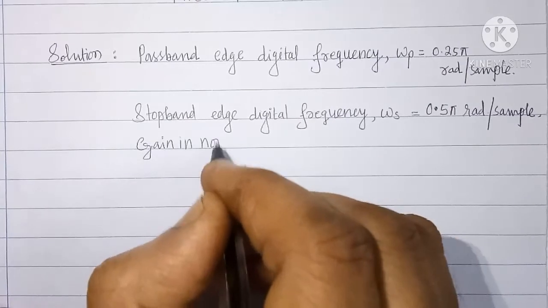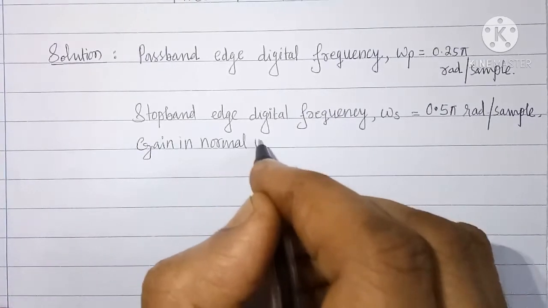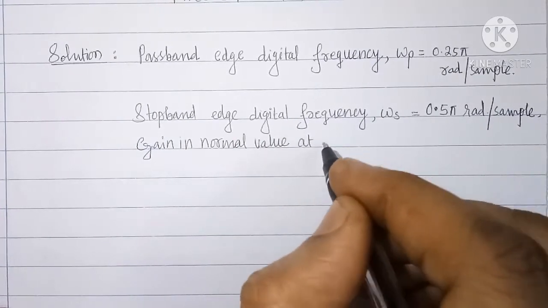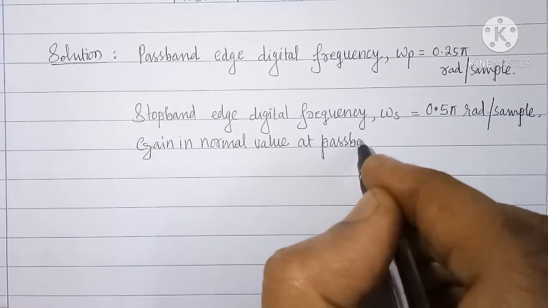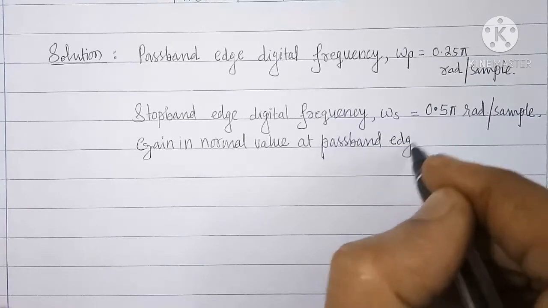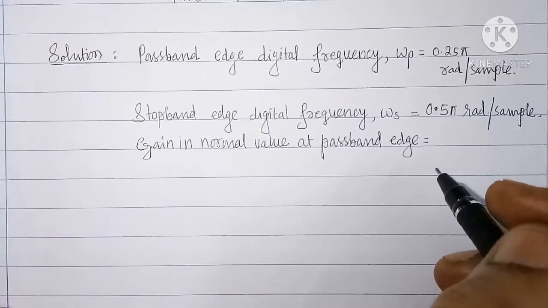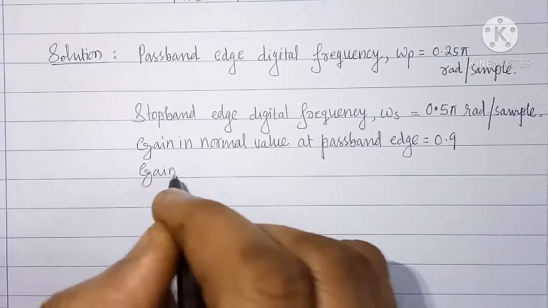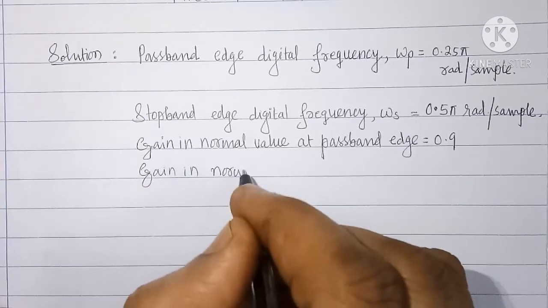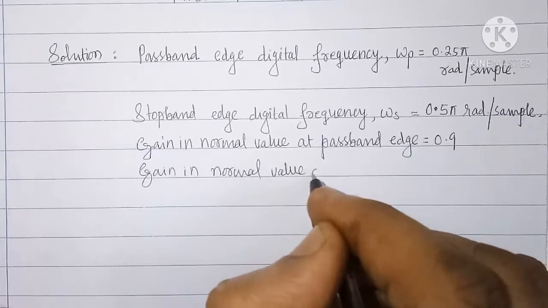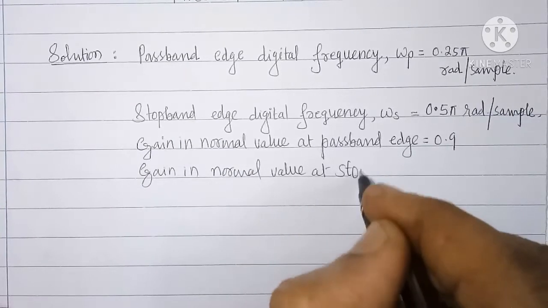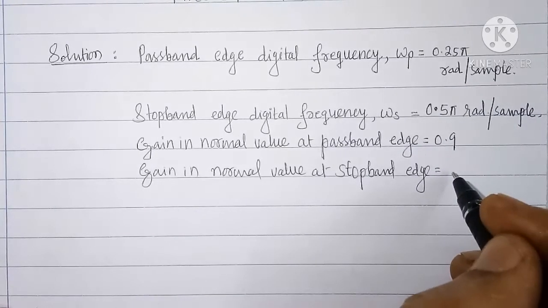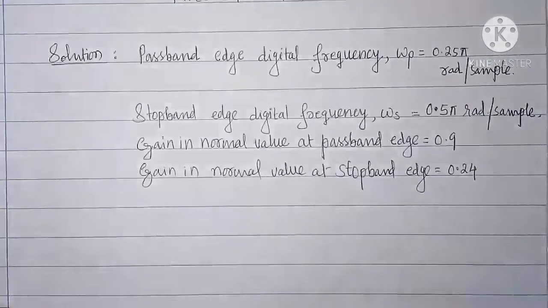Gain in normal value at passband edge is equal to 0.9 and gain in normal value at stop band edge is equal to 0.24.